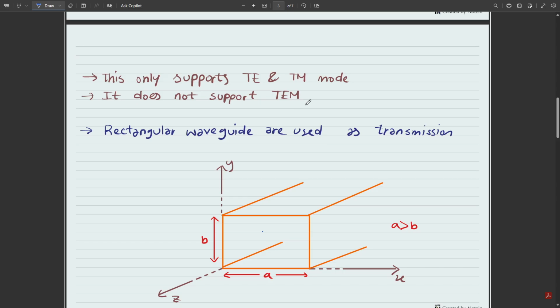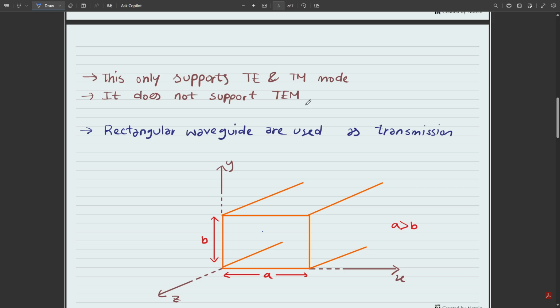It can either exist in TE mode or TM mode. So in the direction of propagation, at least one of the components, either electric or magnetic, will exist. We cannot actually nullify both the components.